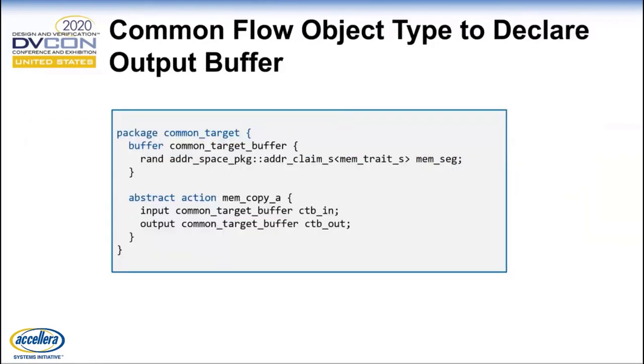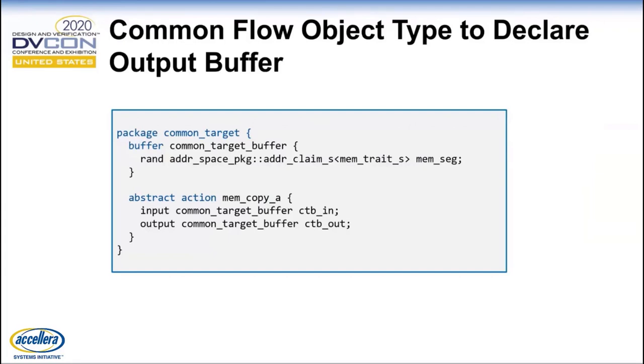Those are the considerations. So the common flow object, of course, can be a buffer, and the buffer has the memory space, which is exclusive when outputting data into a certain memory place. Then we have the action memcopy, which enables taking input and providing output. So this is a package that everybody is working with.